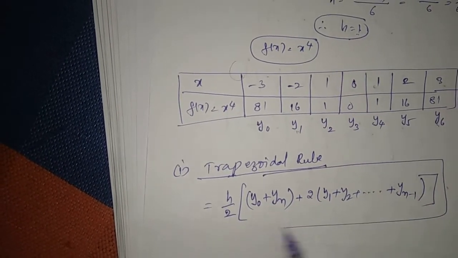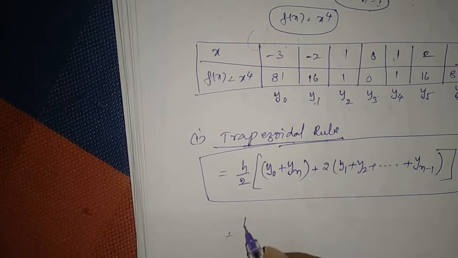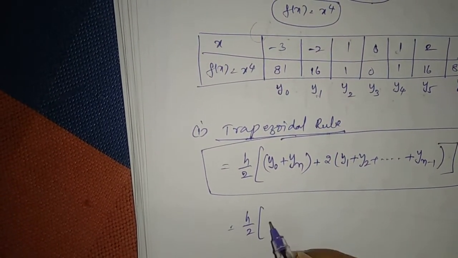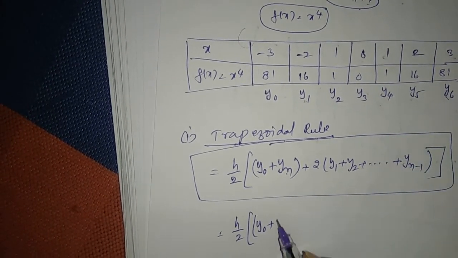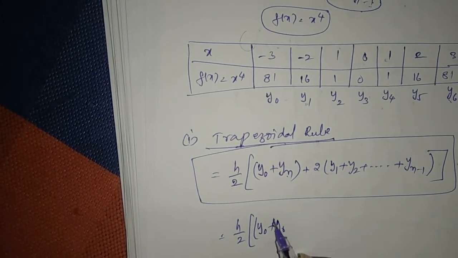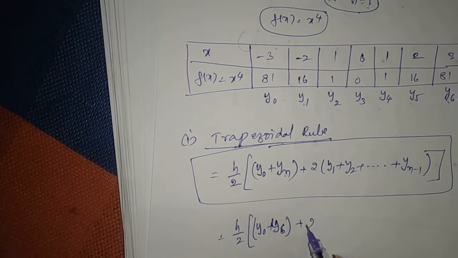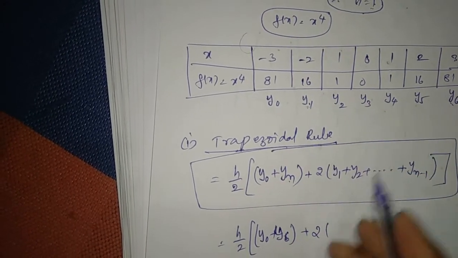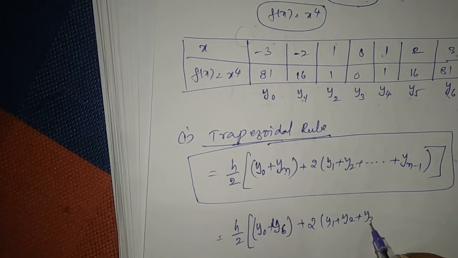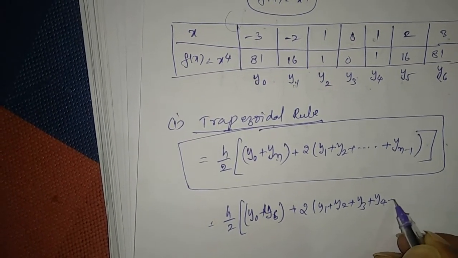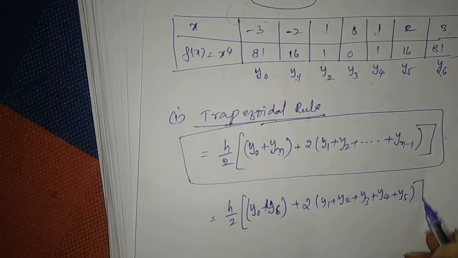This is the general formula, but here the formula is h by 2 whole into y0 plus y6 plus 2 into the sum of remaining all, y1 plus y2 plus y3 plus y4 plus y5.